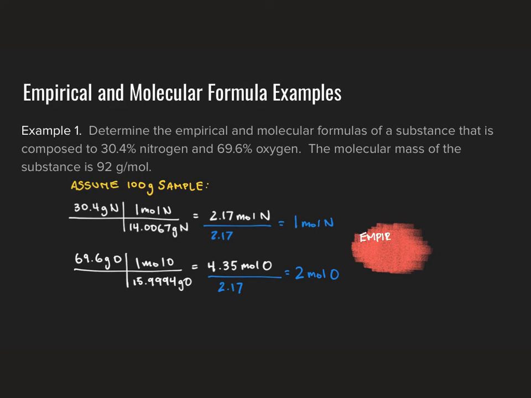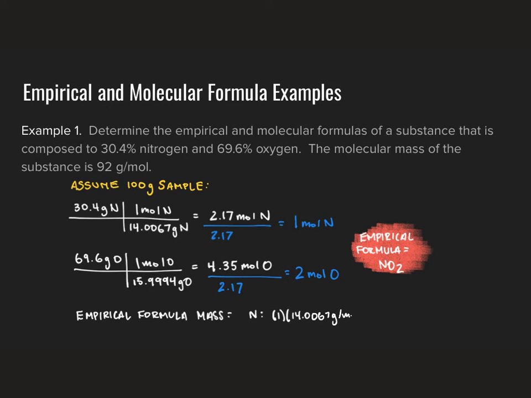Now, that's the empirical formula. It could very well be a different molecular formula, though. And so to get to the final answer for our molecular formula, I now need to deal with that molecular mass. Using my empirical formula of NO2, let's calculate the empirical formula mass of this substance. I'm going to multiply the 1 mole of nitrogen by 14.0067 grams per mole, which obviously gives me 14.0067 grams of nitrogen.